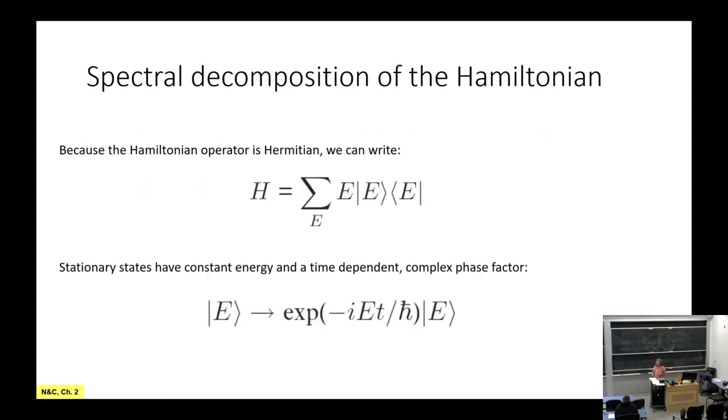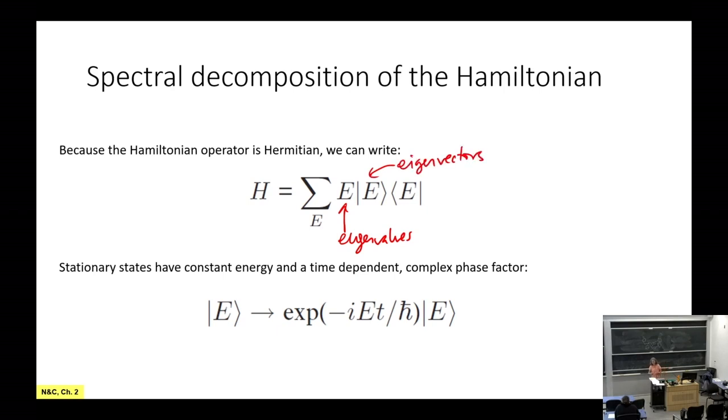So because the Hamiltonian has this feature of spectral decomposition, I can write it in this kind of fun, simple way. So I have the Hamiltonian H is equal to the sum over E of E times the outer product of E with itself. So the eigenvalues are E, and they're corresponding to some normalized eigenvectors.